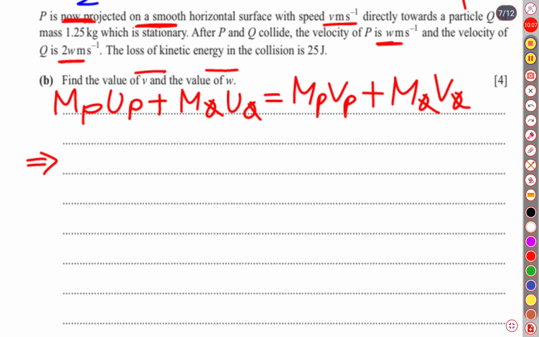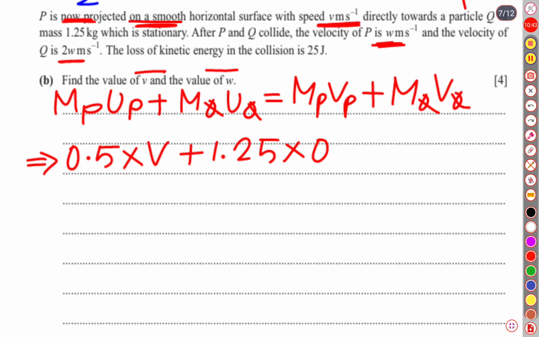The first one is mass of particle p, as we have seen it is 0.5 into initial velocity of particle p, it is written w, sorry, not w, it is v. So v plus mass of particle q is 1.25, and initial velocity of particle q was 0 because it was stationary.